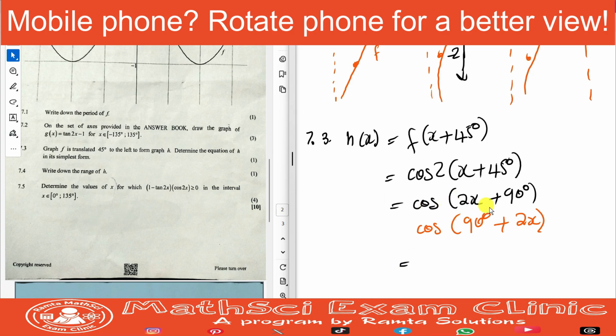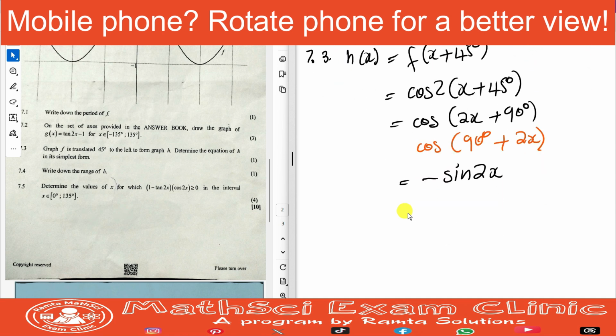This therefore says cos in the 90 plus quadrant, is it positive or negative? It's negative. But because of the 90, cosine changes, it becomes the sine, and this will become negative sine 2x. That's your h of x. All right? Good. 7.4. 7.4 says, write down the range of h.